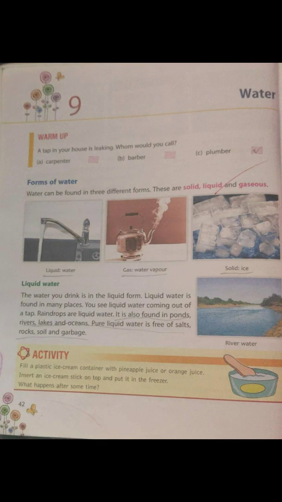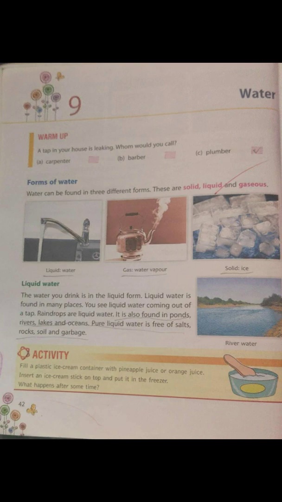Now students, let's learn about forms of water. As you all know, we cannot live without water. Water is essential for everything, for every animal, for every living being, right? Water can be found in 3 different forms.